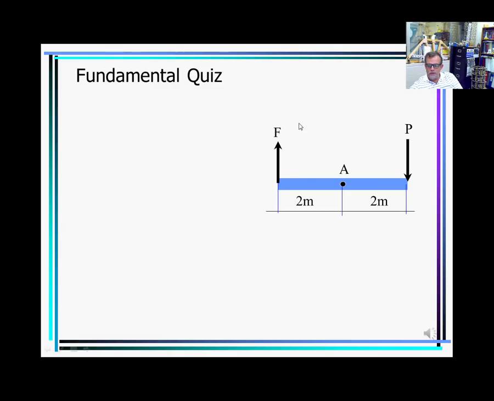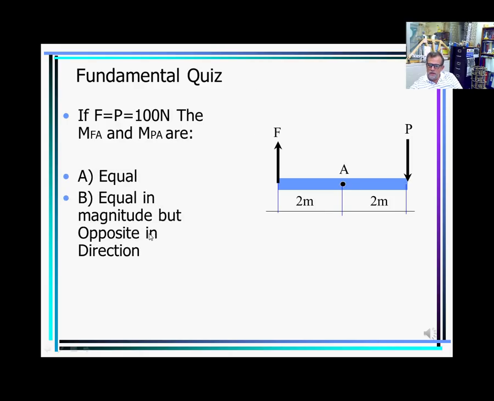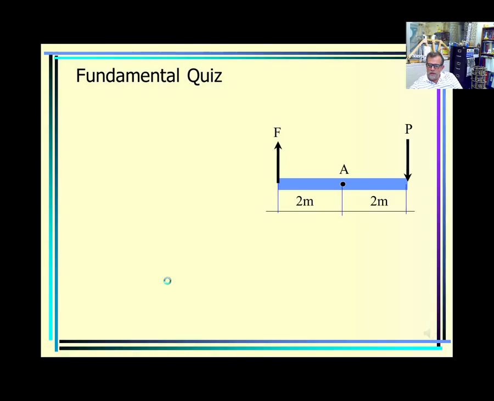Okay, fundamental quiz. Let's see if you got this part. If F equals P equals 100, then the moment of F with respect to A and the moment of P with respect to A are equal in magnitude but opposite in direction, or zero. Okay, what do you think?